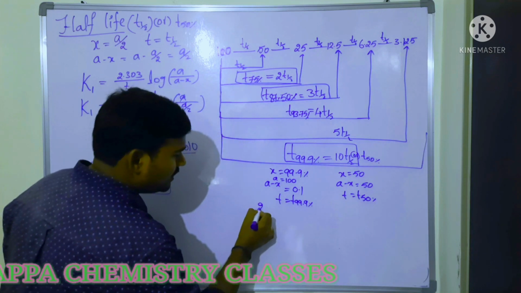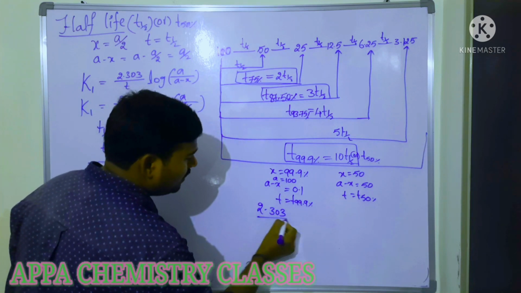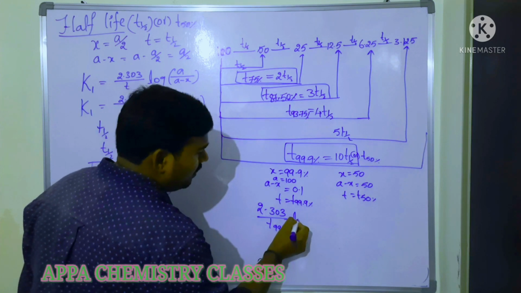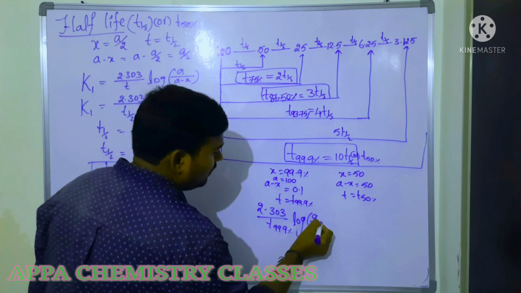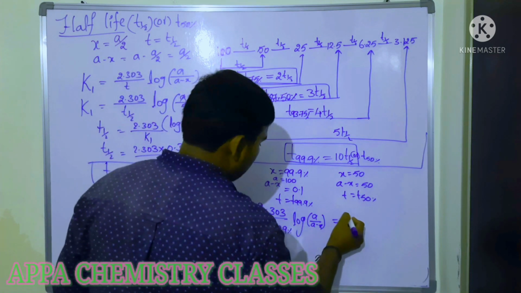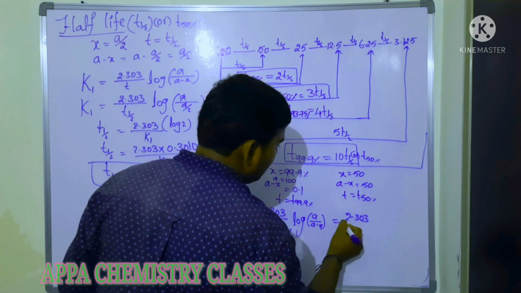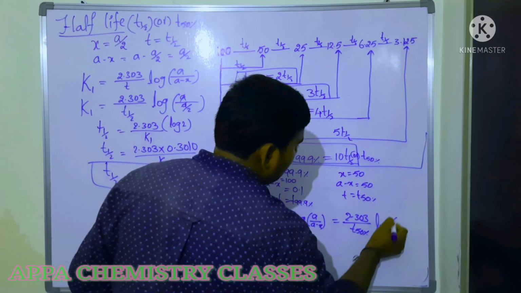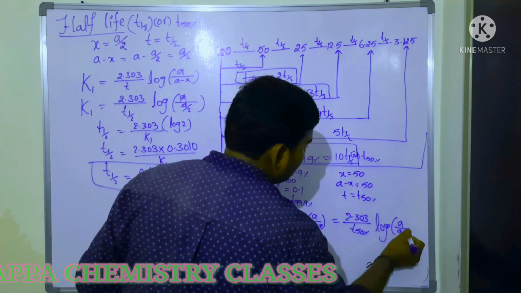Now substitute in this: 2.303 by T 99.9% log of a by a minus x is equal to 2.303 by T 50% log of a by a minus x.